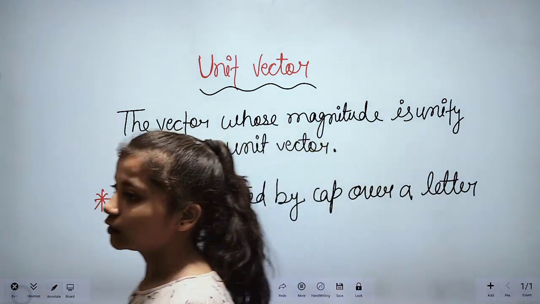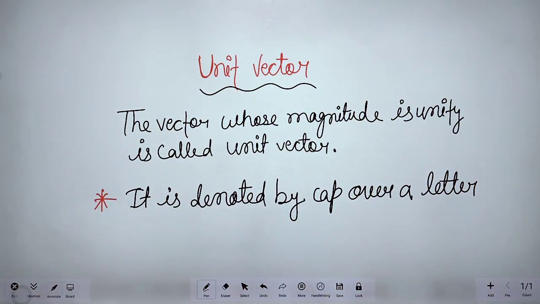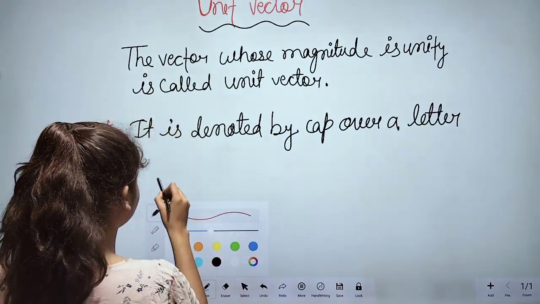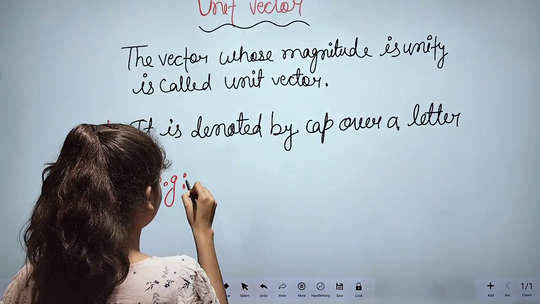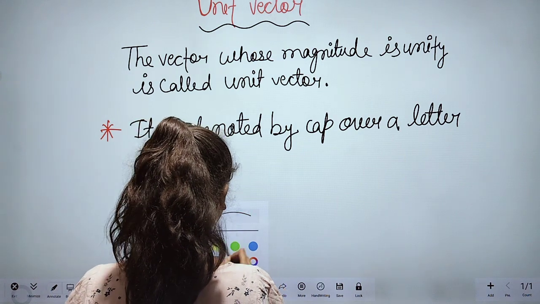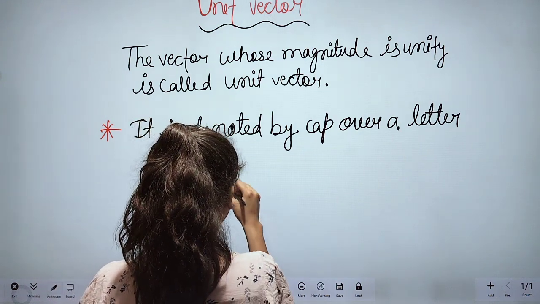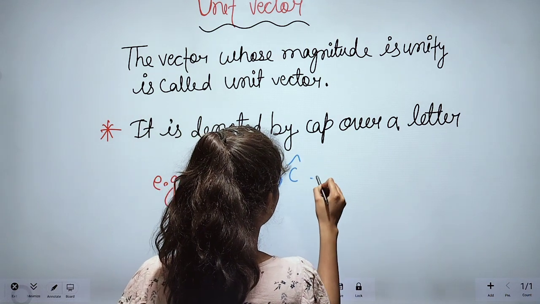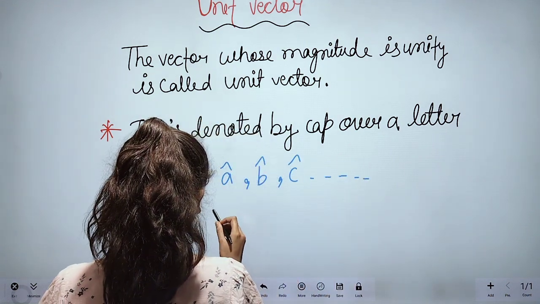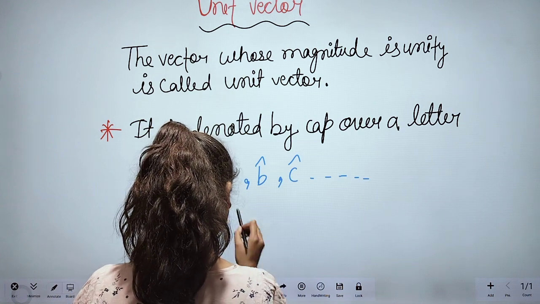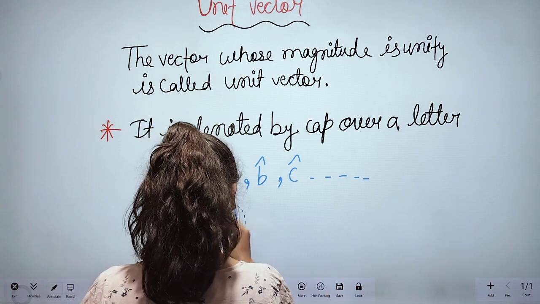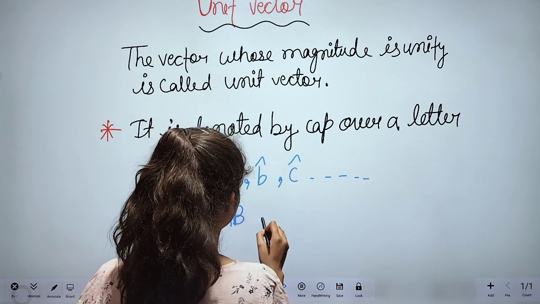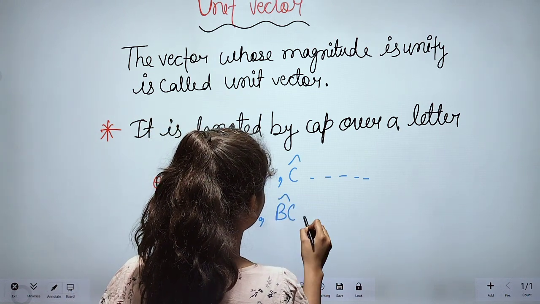For example, you can see here, A cap, B cap, C cap, and so on, and AB cap, BC cap, and so on.